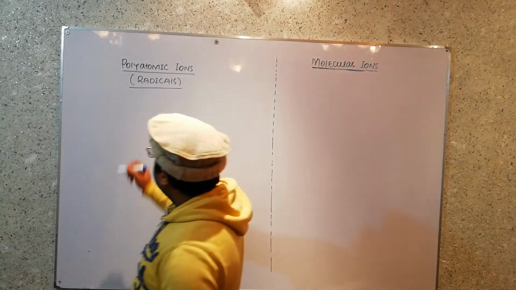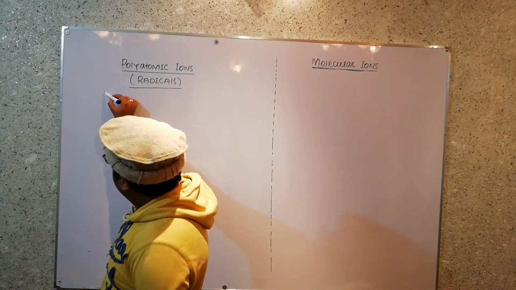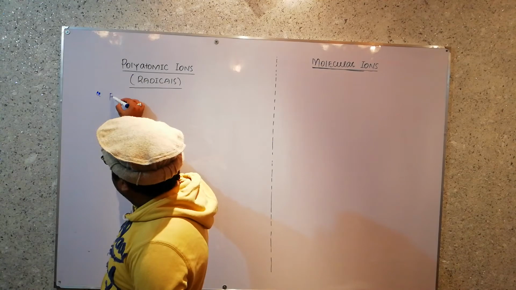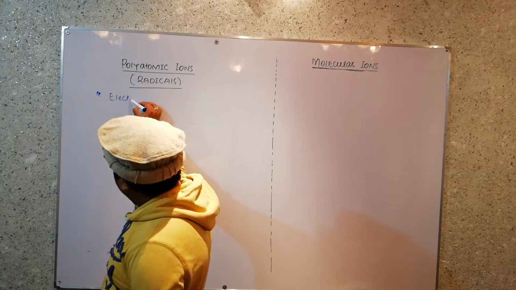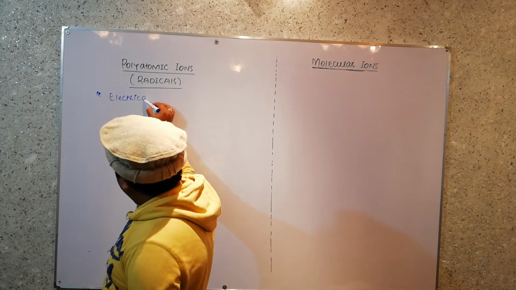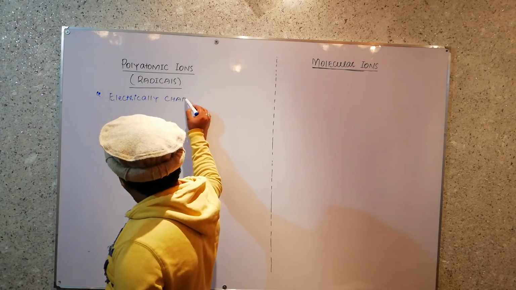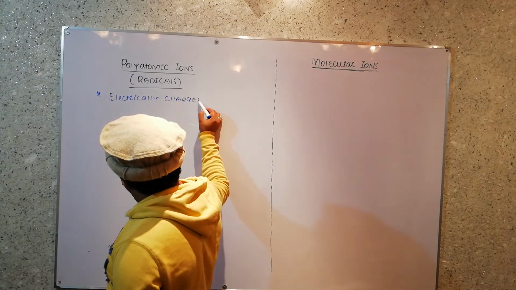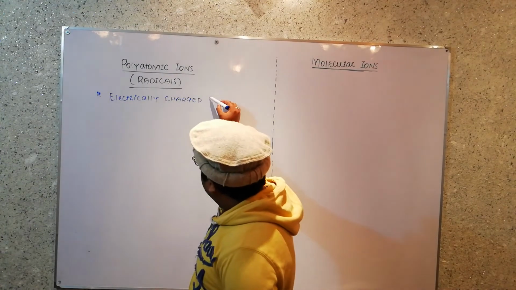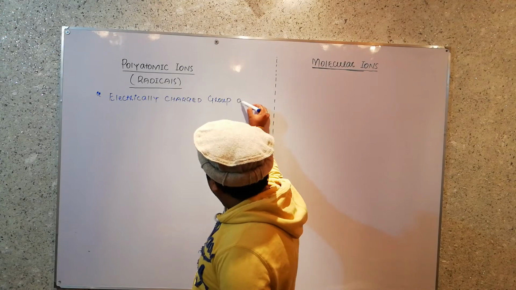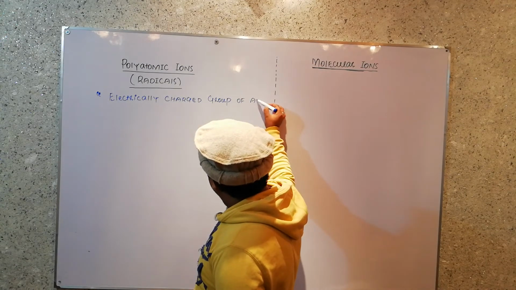Now, what is a polyatomic ion? It can be defined as the electrically charged group of atoms.